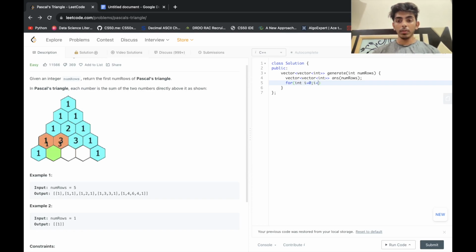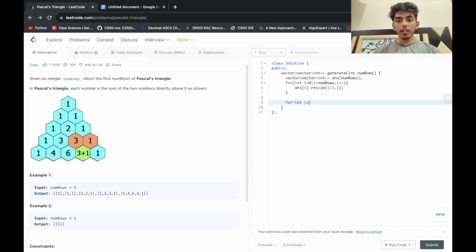So for i from 0 to num rows, i plus plus, the answer of ith row will be resized. This is a function where we pass two parameters: the size of that row, which is i plus 1, the number of columns we want, and we populate it with the value 1.